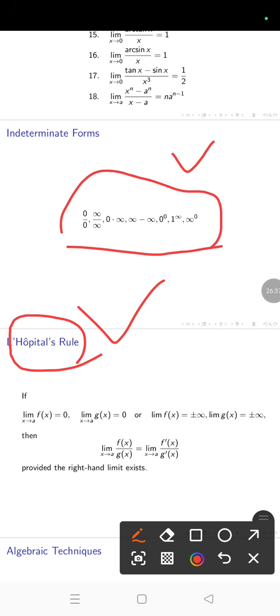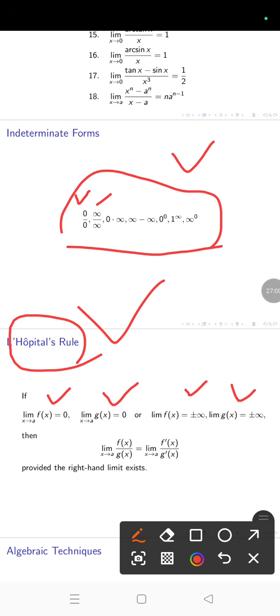So what is L'Hospital rule? If we take the limit of f(x) as x tends to a equal to 0, and the limit of g(x) is also 0, or the limit of f(x) equal to infinity and the limit of g(x) equal to infinity, it means it is 0 by 0 form or infinity by infinity form.